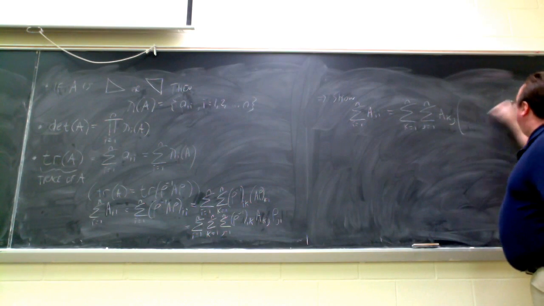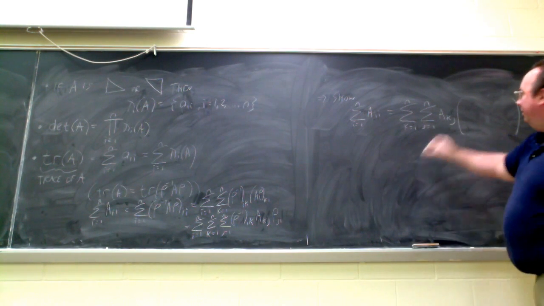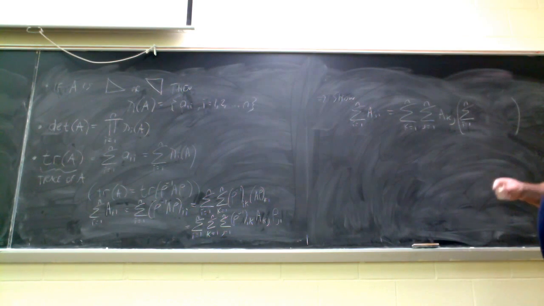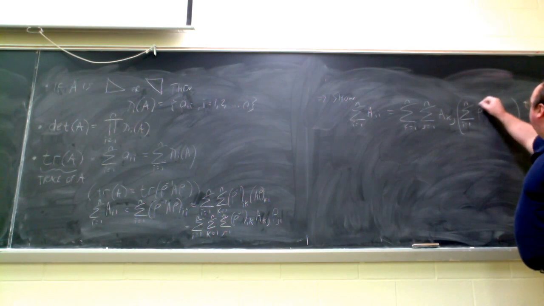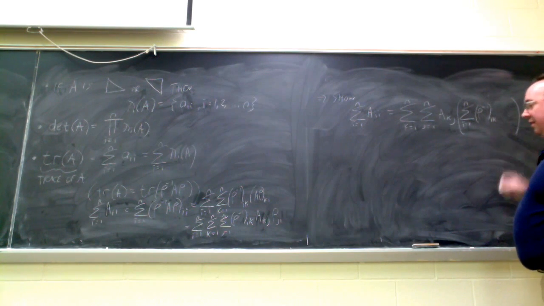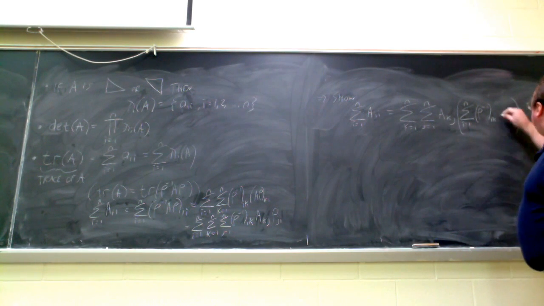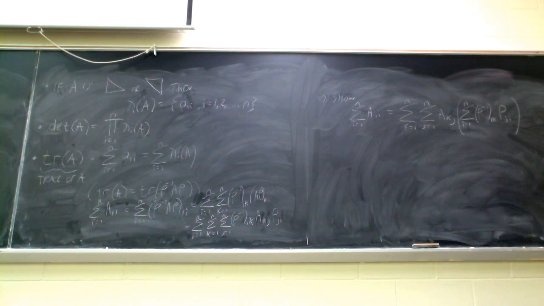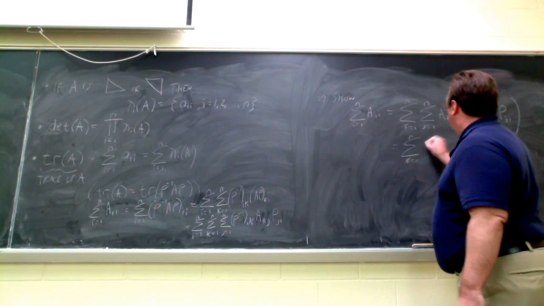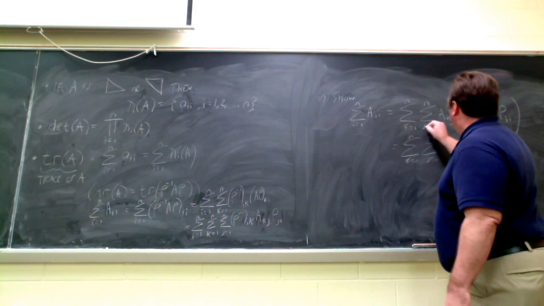And then I have the last sum over i. And what I have is P inverse_ik, and then P_ji. But in fact, it's going to be more convenient to write this differently. In fact, this proof is almost done.